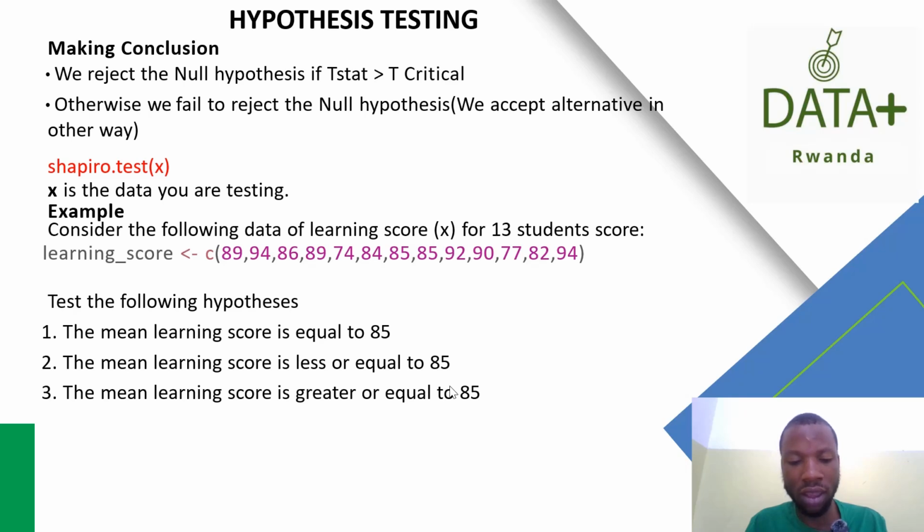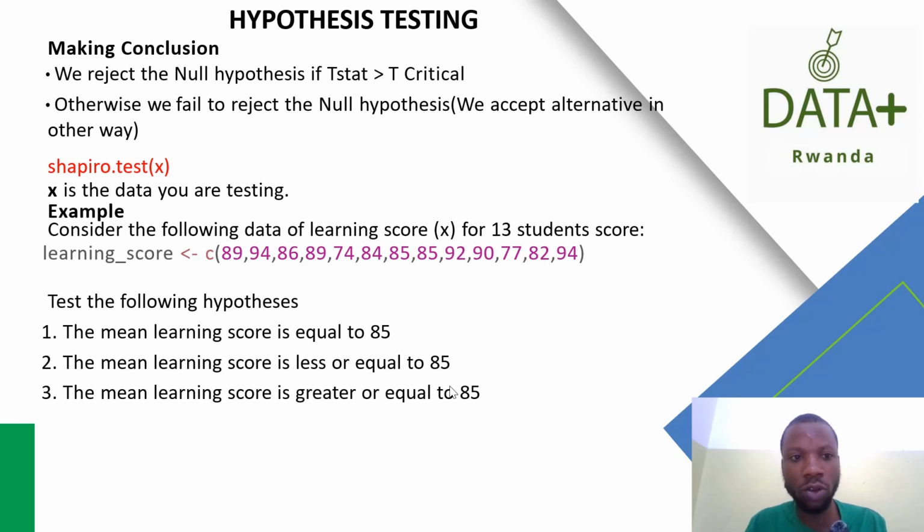To test the following, this is an example they give us: we have the learning scores, the scores we get from 13 students. Then we test the hypothesis that the mean learning score is equal to 85. And for you, you can say that the mean learning score is less than, or that the mean learning score is greater than.